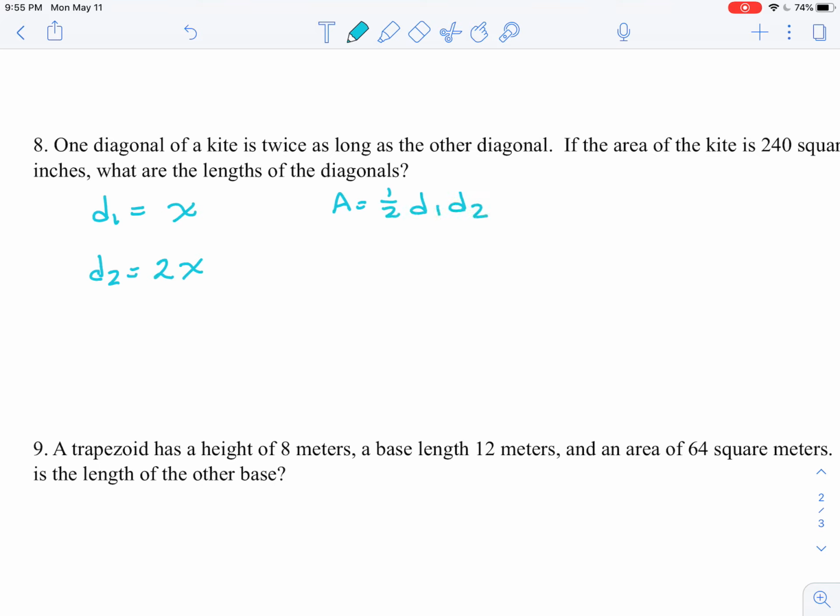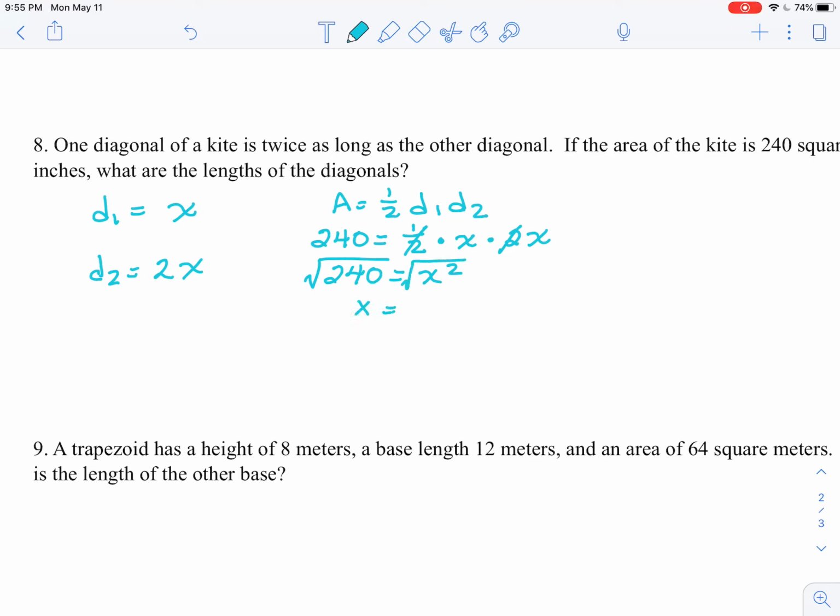So area equals 1/2 diagonal 1 times diagonal 2. We know the area of the kite is 240. So that's going to equal 1/2 times x times 2x. Half of 2 is just 1. x times x is x squared. So we have 240 equals x squared.